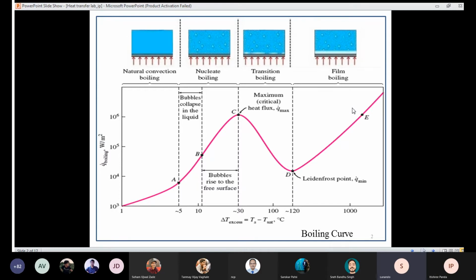But if you are really using a precise experiment, then you do have to know the value of this delta T. So if you plot Q versus delta T, a similar curve will result. But in that case, as you have correctly pointed out, the y-axis values of C and E could be different. But looking at the curve, now you know what your critical heat flux is.